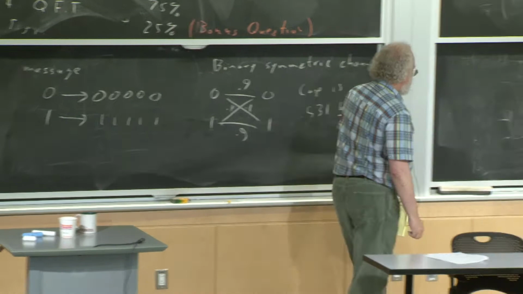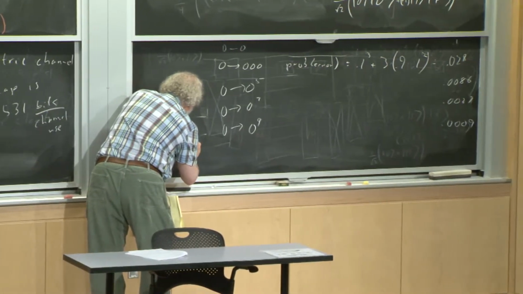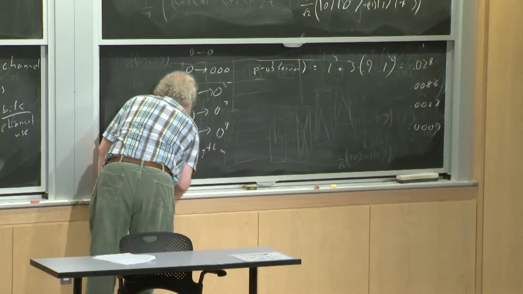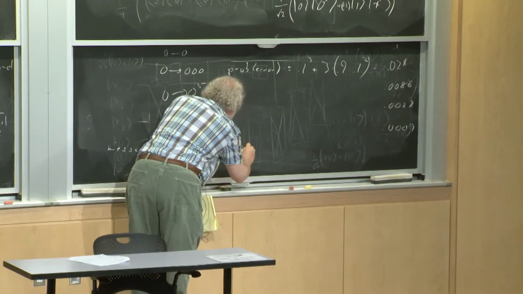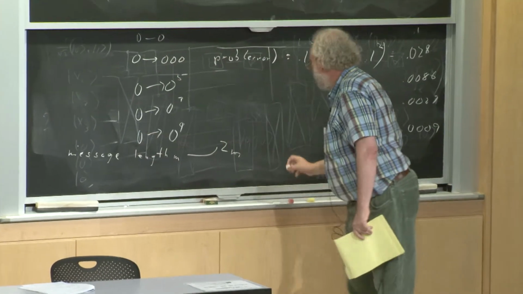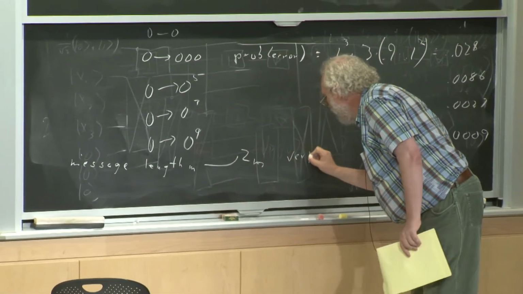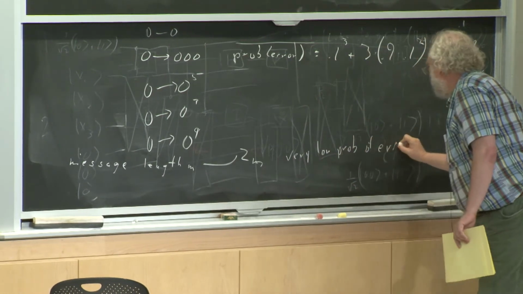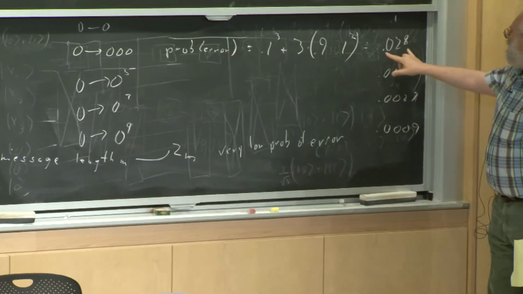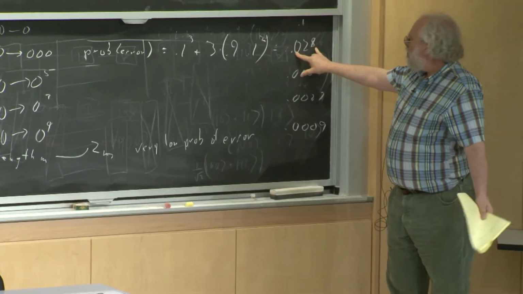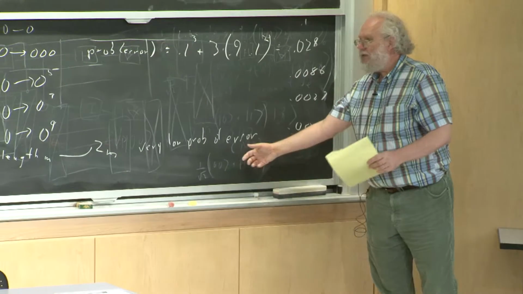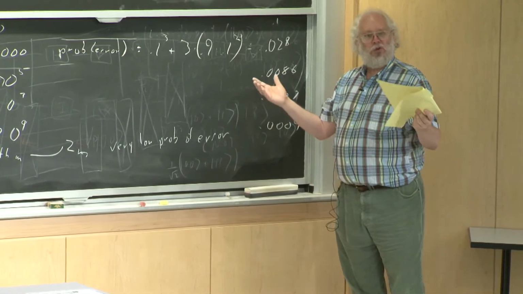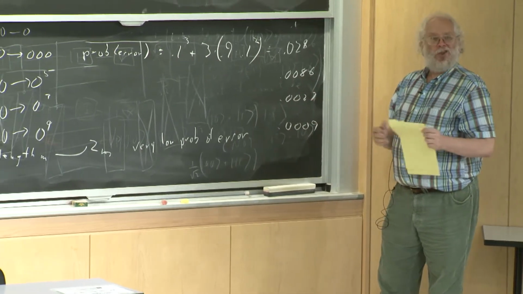So what you can do is take your message of length m and encode it into 2m, and get very low probability of error. So instead of 0.028 rate of bit error, you could drive this down to 1 in a million probability of error, or 1 in a trillion, or as low as you want.